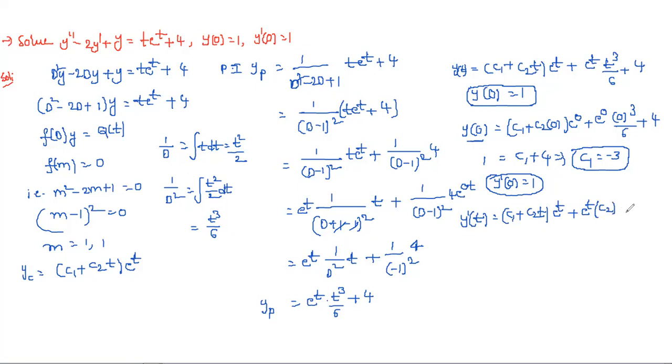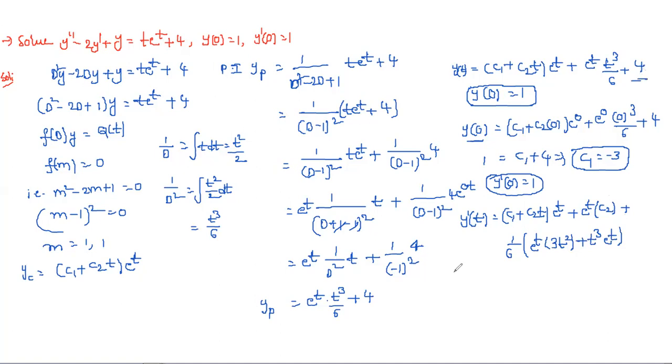And next plus, and here also you can apply the UV rule. So 1 by 6 into e power t into t cube derivative is 3t square plus t cube into e power t derivative is e power t, and 4 constant, the derivative becomes 0.